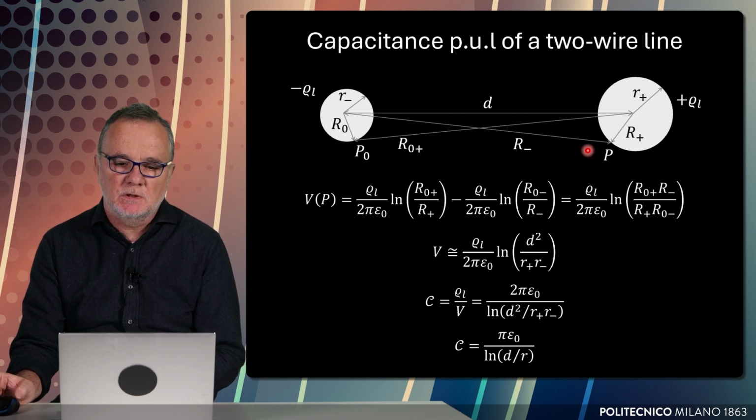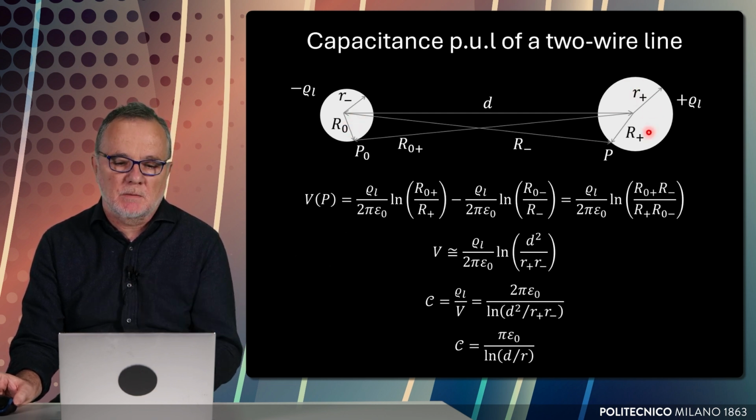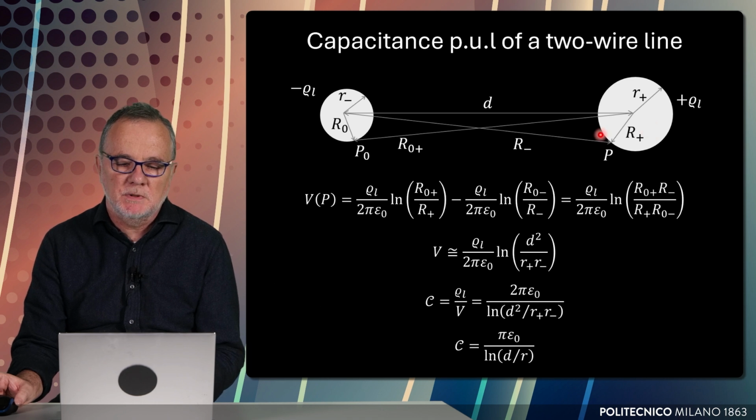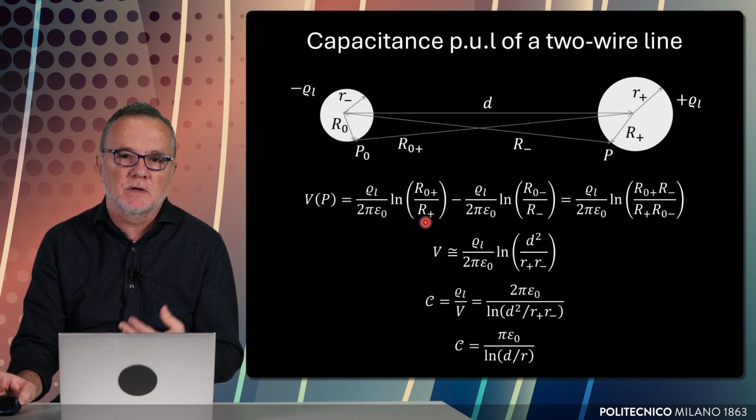The capacitance per unit length of a two-wire line, where we have this cylinder, this other cylinder, and we apply a voltage difference between the two, can be obtained from the 2D expression of the potential. In fact, the 2D expression can be written in the form of a logarithmic function, as we saw previously.